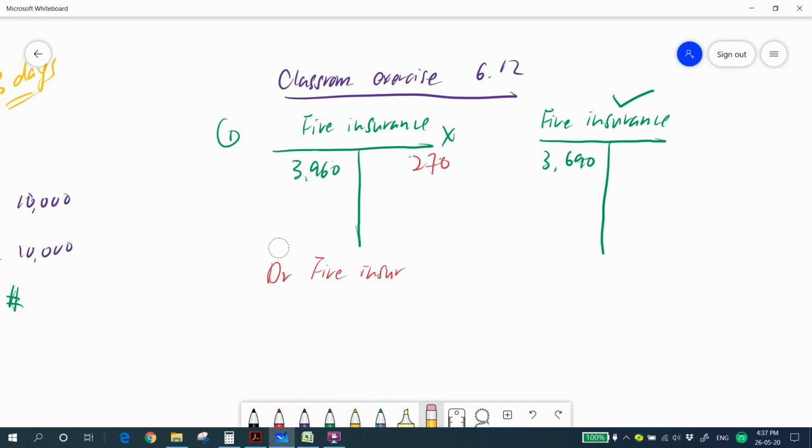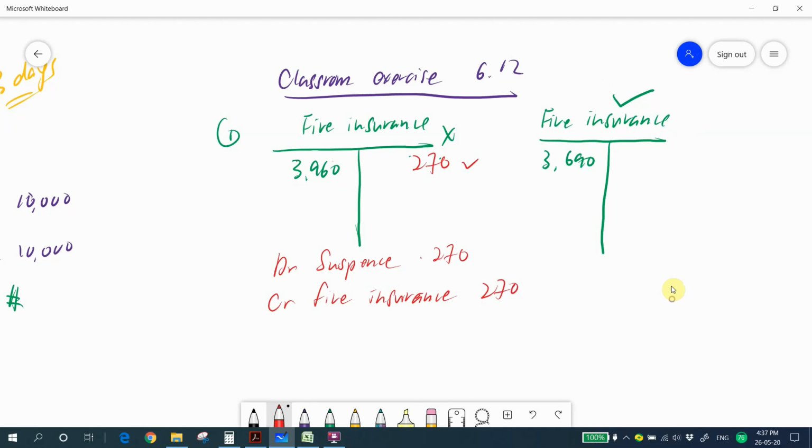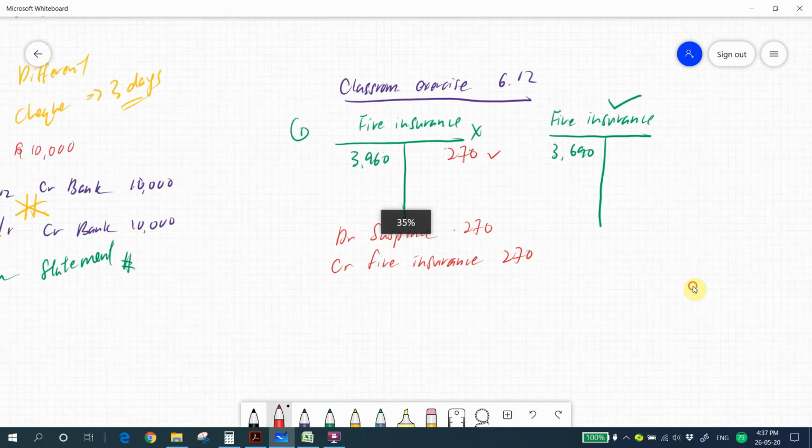So let me adjust again. So the correct answer will be we debit the suspense account by 270 and we credit the fire insurance account 270. So this is the double entry for the first adjustment.